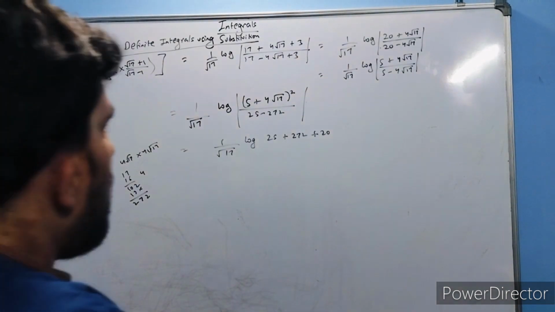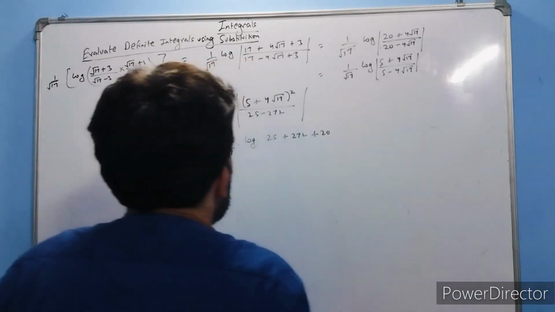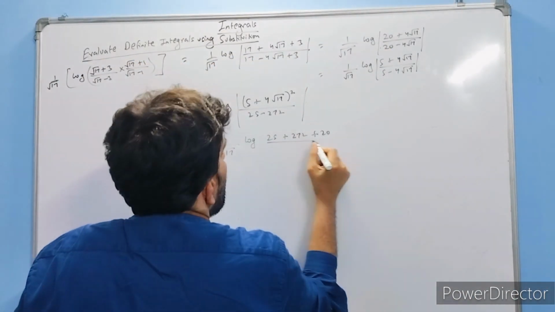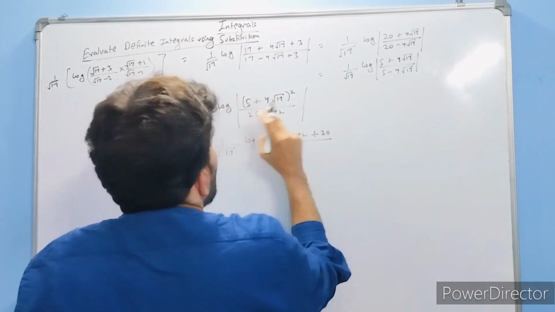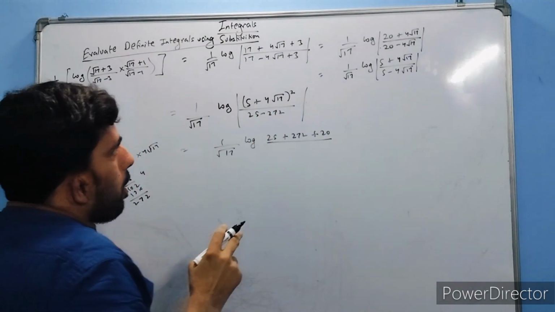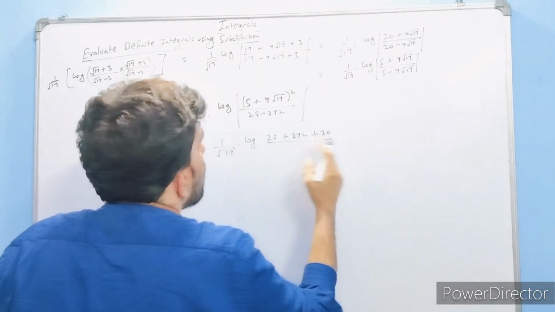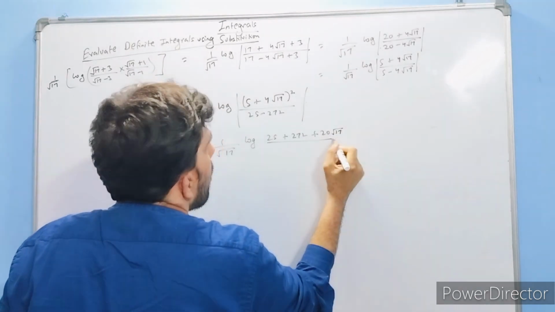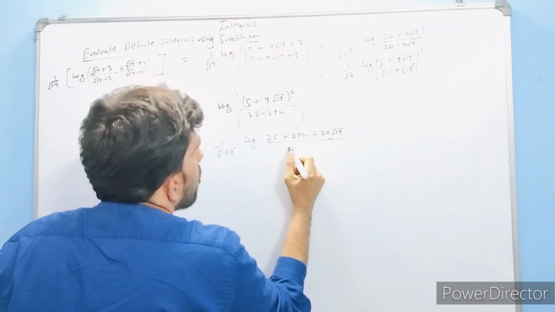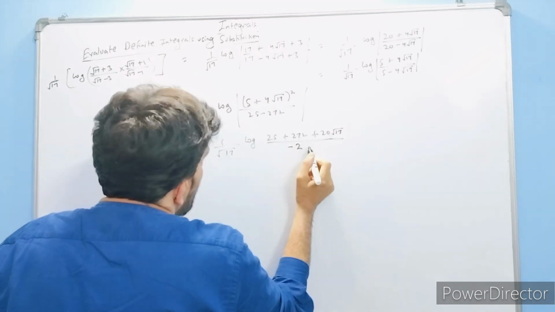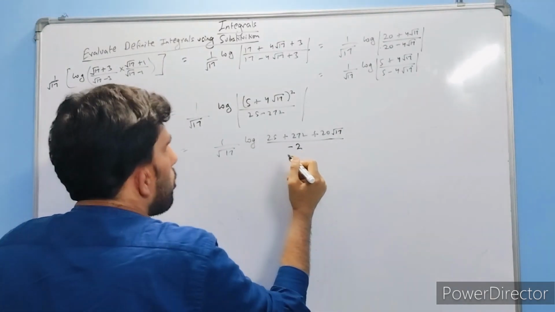Now we'll try to solve the numerical, that is a plus b whole square, so a square plus b square plus 2ab. Okay, so now I got this value. So now I got minus 247.